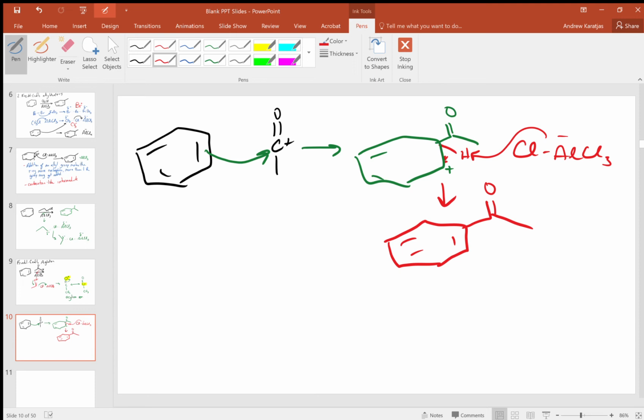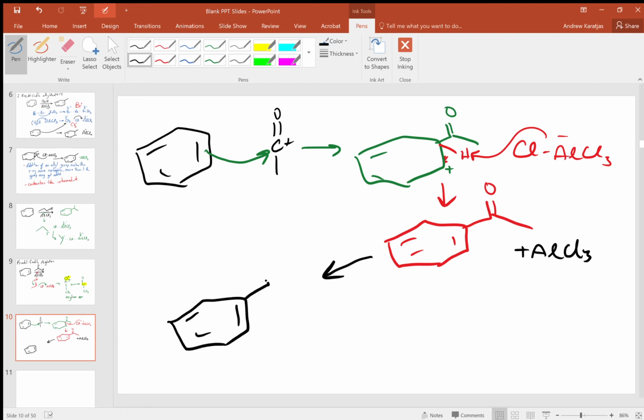because it turns out that oxygen likes to bind to aluminum, and so the AlCl3 that was regenerated in this step will actually become attached to the carbonyl. And then upon quenching the reaction, we get our carbonyl back and that oxygen-aluminum bond breaks.